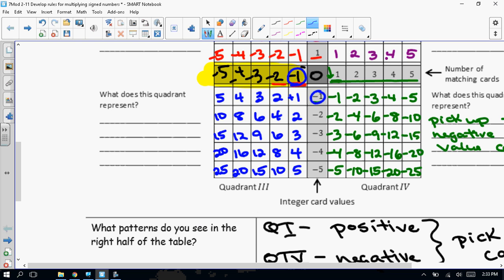So in this case, this represents removing the negative value cards, and removing the negative value cards actually makes my score go up. So I'm going to put that on the other page.